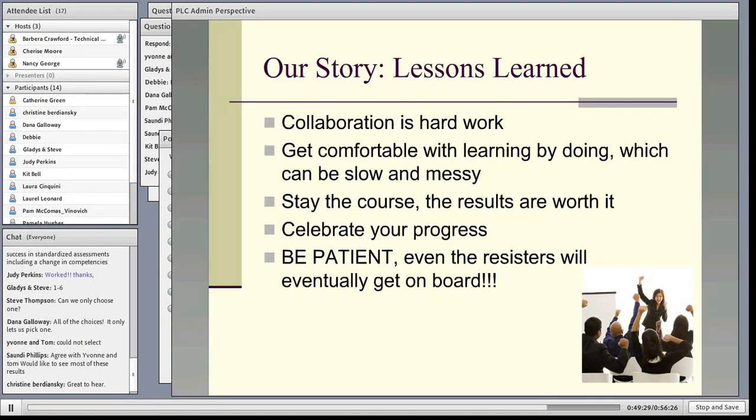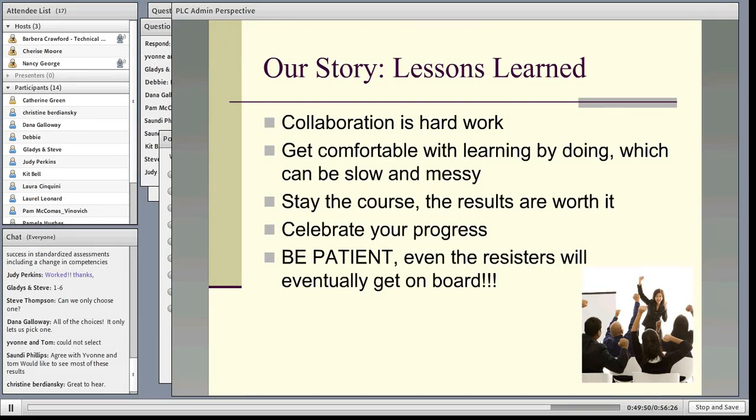No, it's not going to go away, so you can stop resisting and get on board, because we're going to stay with this through thick and thin no matter what. That's been my message to everybody. The students' needs are going to stay at the center of what we're doing, and we're going to continue to do this work to make sure we're meeting the student needs.